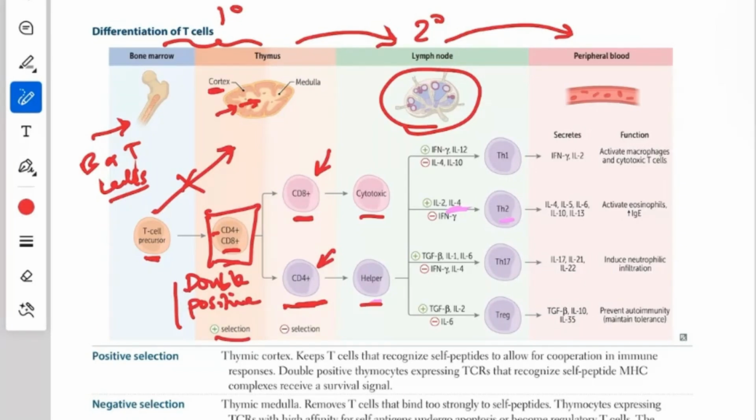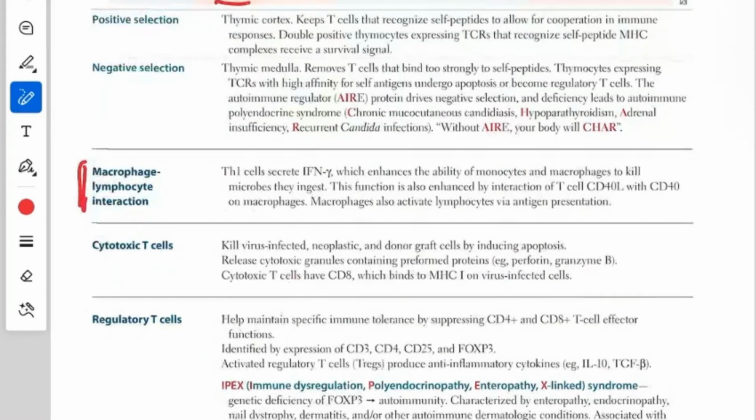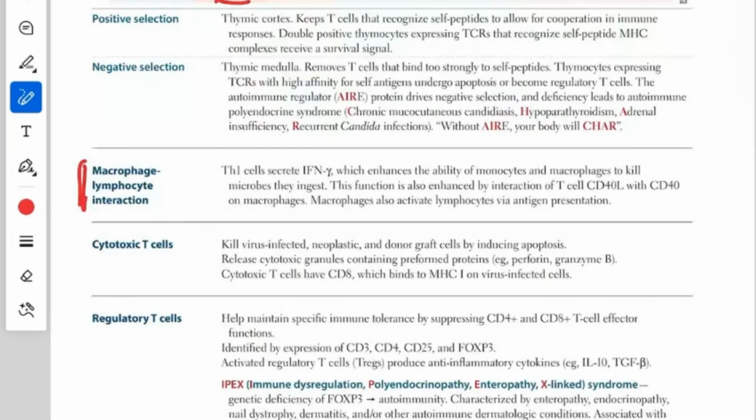These cells will go into the lymph node. Once they get there, ready to interact with a foreign antigen, that is where they will meet the antigen presenting cells.